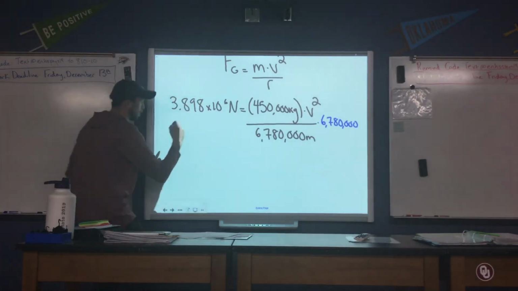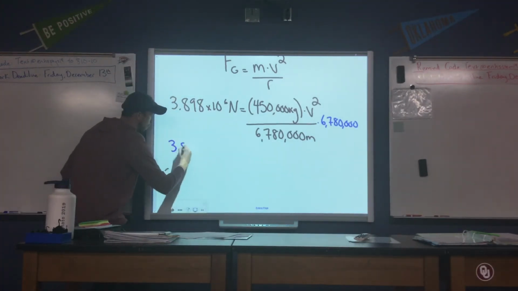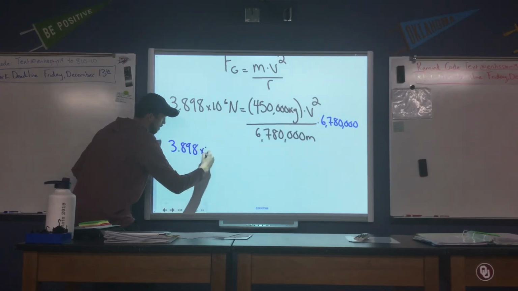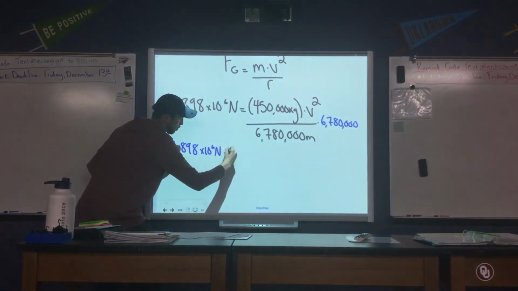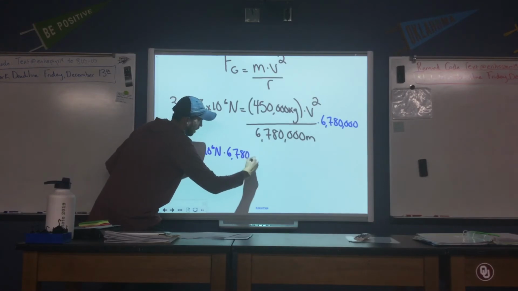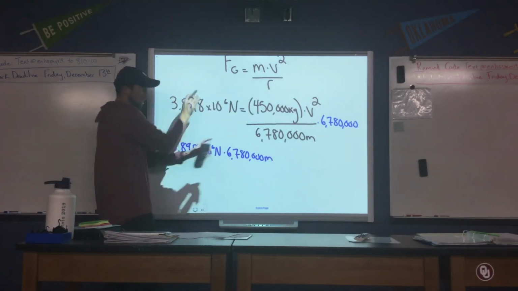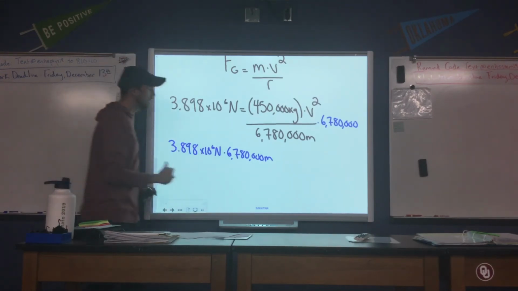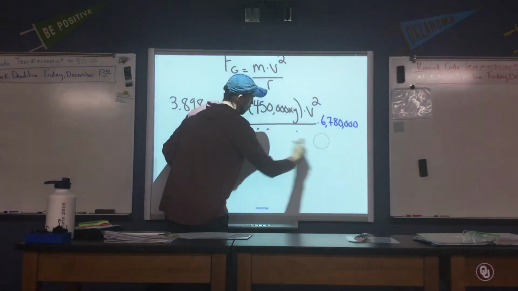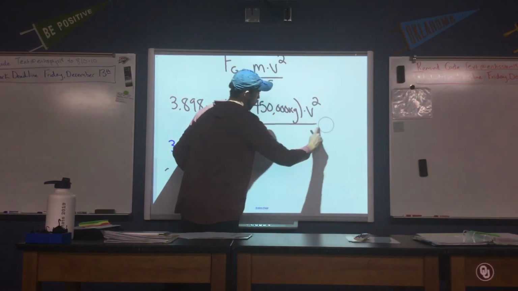So I'm going to rewrite this a little bit. I've got 3.898 times 10 to the 6 newtons multiplied by 6,780,000 meters. So I multiply it up on both sides. I'm rewriting this so that we have enough space. So I'll cancel out my distance between objects, or the radius.